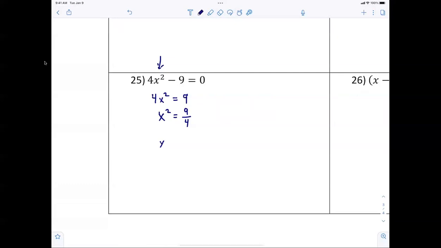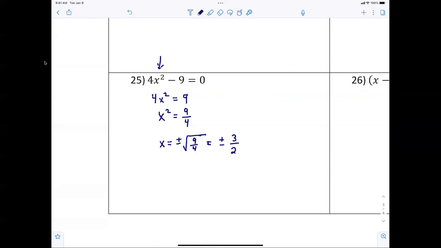Plus or minus what? Right, plus or minus the square root of 9/4. But what's the square root of 9? 3. So we can say plus or minus 3 over what? Plus or minus 3 over 2.